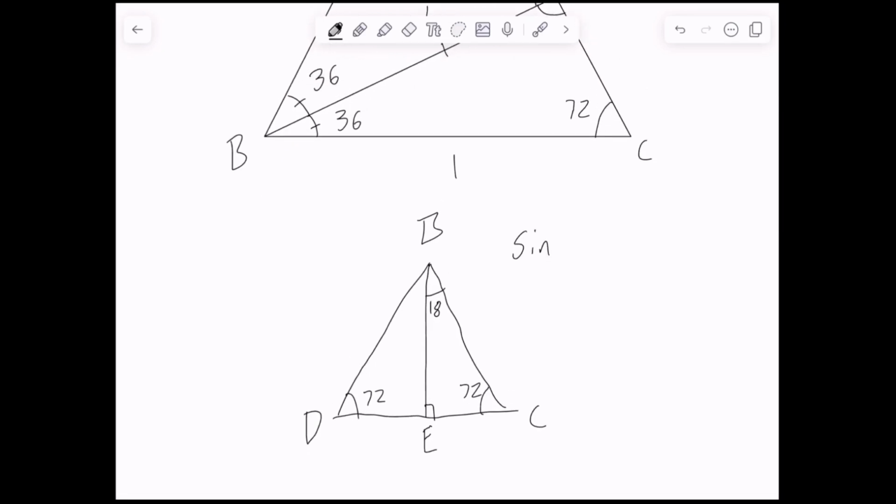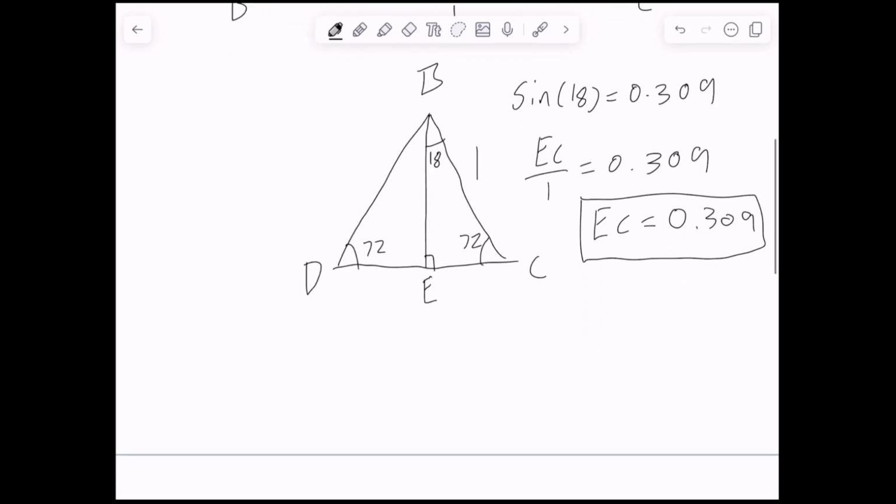So we know sine 18 equals 0.309. So then we can say that since BC equals 1, EC over 1 equals 0.309, which means EC equals 0.309.